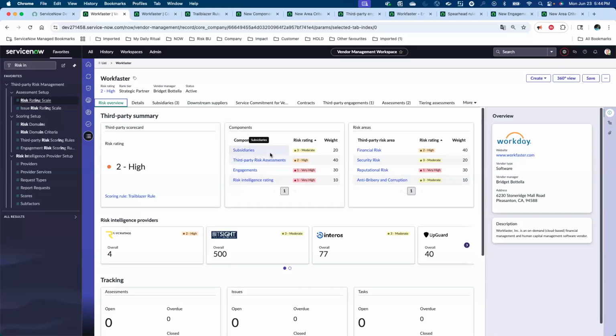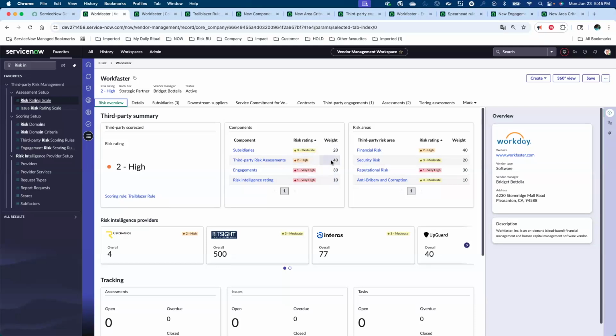Workfaster has again all four components, with subsidiaries being three moderate, so three multiplied by the weight, three multiplied by 20, is your 60. Third-party risk assessments is 80, and this is 30, and this is 10.